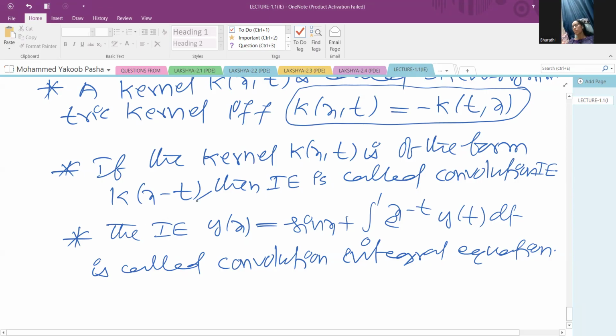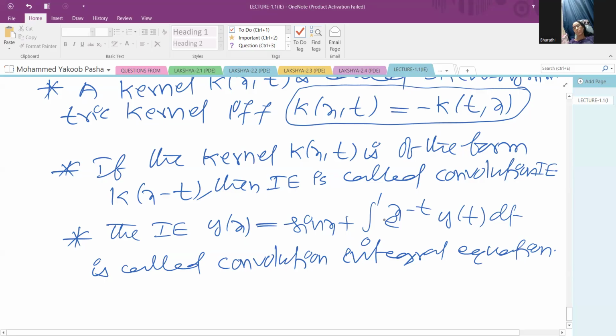Sometimes t minus x is also accepted, since we can take minus as common: sin of x minus t is minus sin of t minus x, and cos of minus theta is cos theta. So t minus x is also applicable. In this case, the integral equation is called a convolution integral equation.